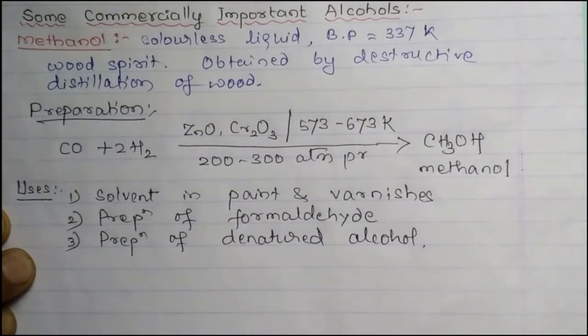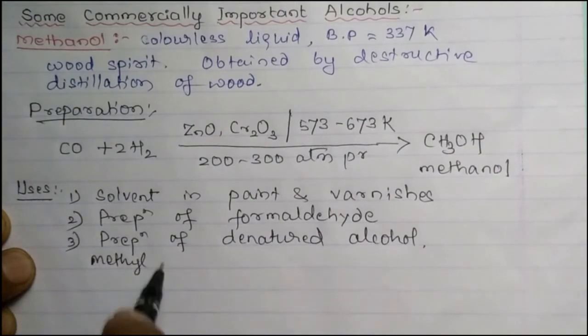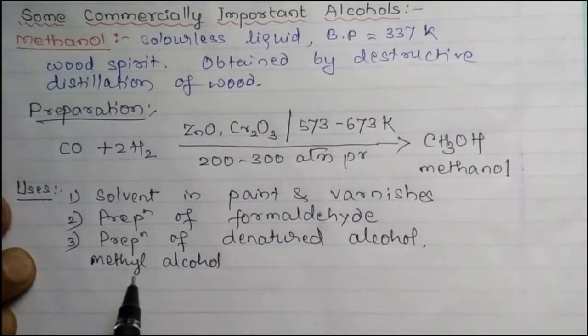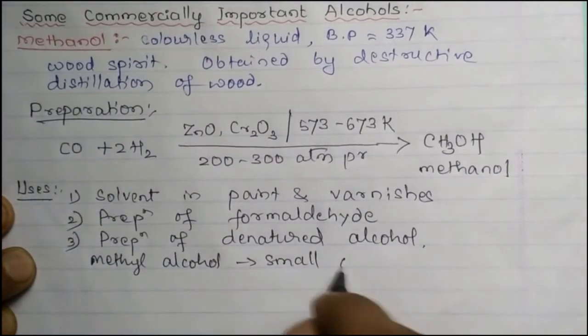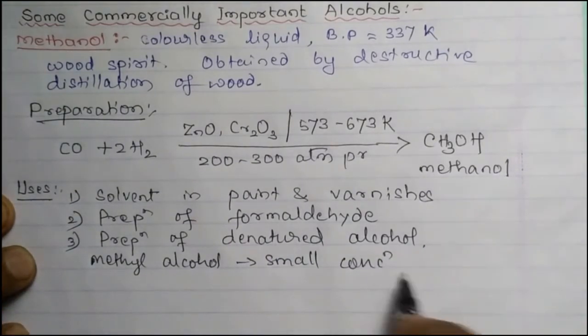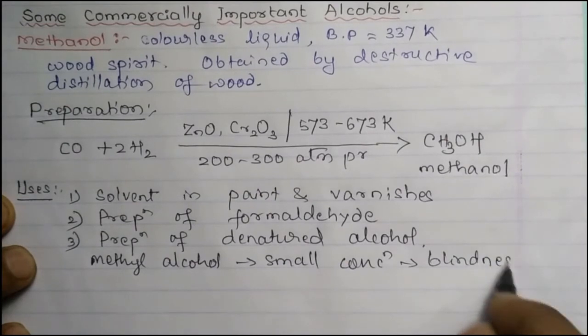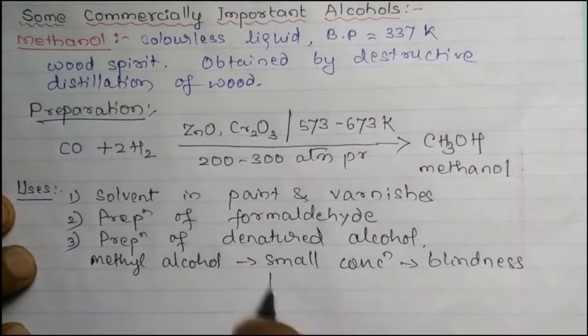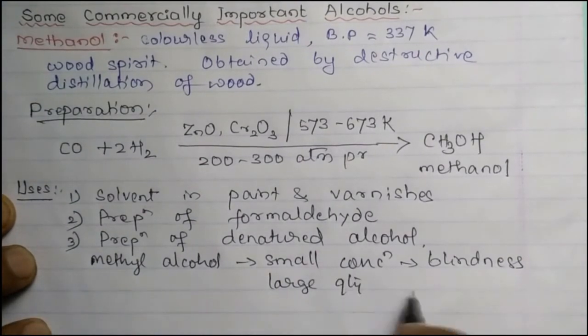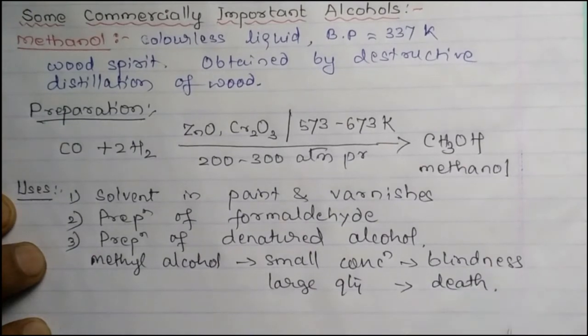Here the rectified spirit is mixed with a small amount of methyl alcohol, that is called methylated spirit, and it is unfit for drinking purpose, as methyl alcohol in small concentration causes blindness, and if taken in a large quantity, that leads to death. These are some of the uses of methyl alcohol.